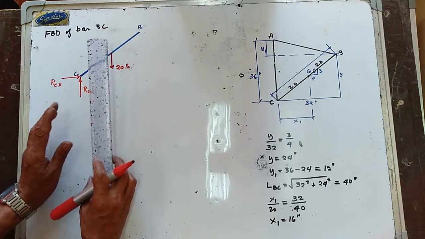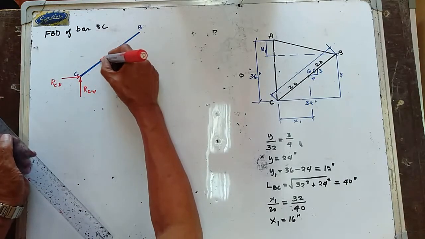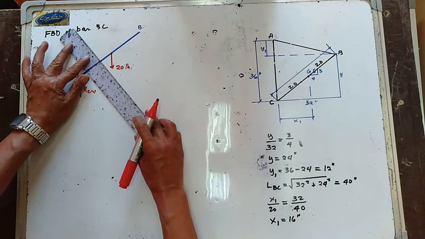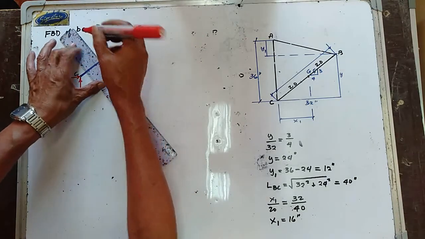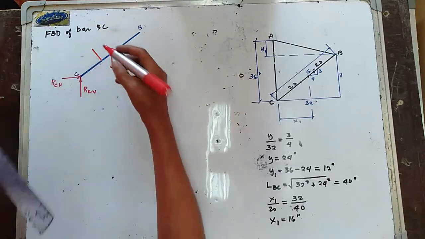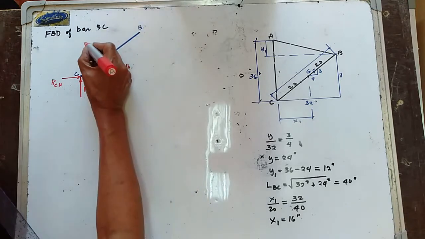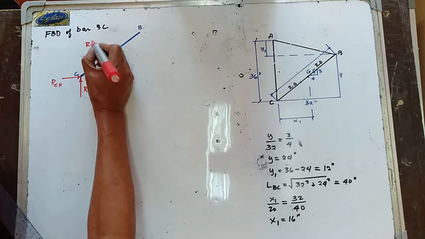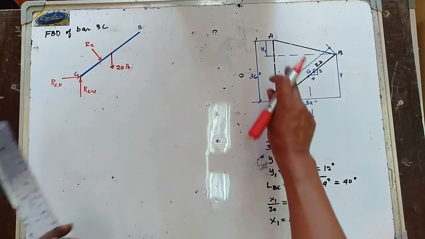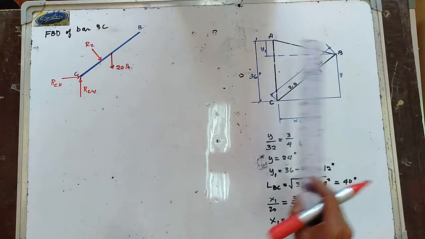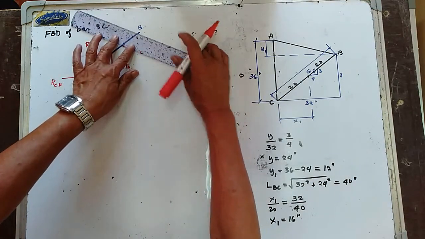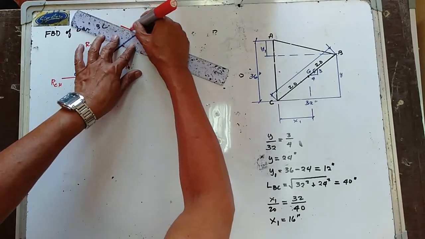Now, we have the reaction at point 2. This is the reaction at point 2 perpendicular to bar BC, and this is your R sub 2. And also, we have the tension in the cable AB.